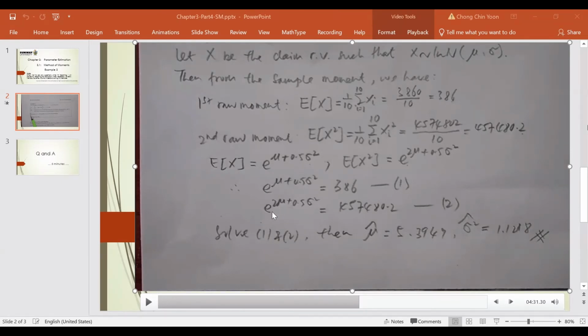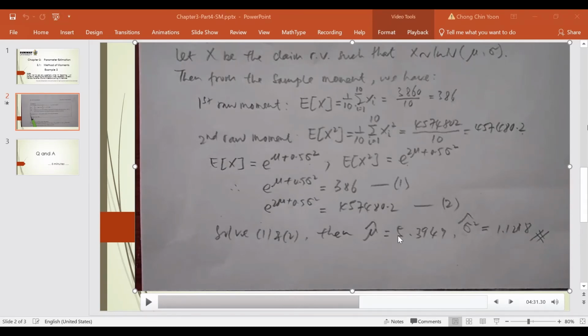Here also the same, this is e to the power of 2 mu times e to the power of 2 times sigma squared. Then from here you divide, you also can solve this simultaneous equation. There are many methods to solve it, class, up to you. Okay, so I believe you know how to handle it. For those who are not sure, please practice. In fact, all these are Form 4, Form 5 methods, how to solve this type of simultaneous equation.